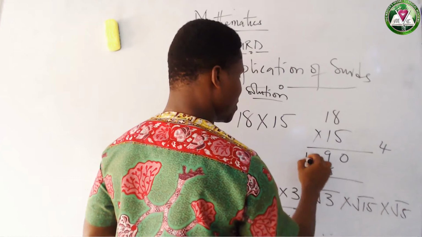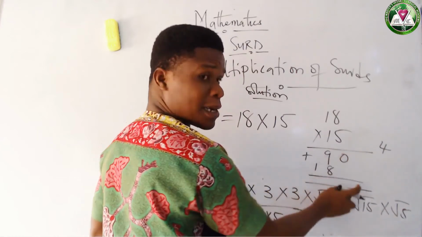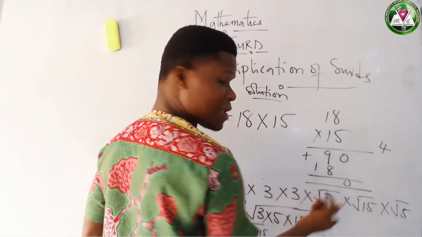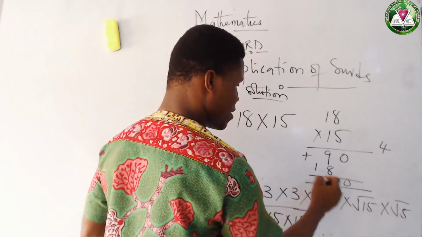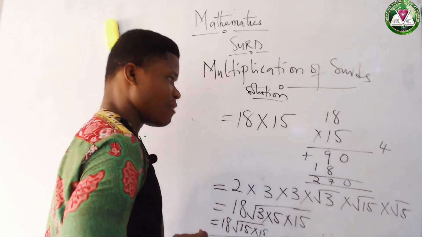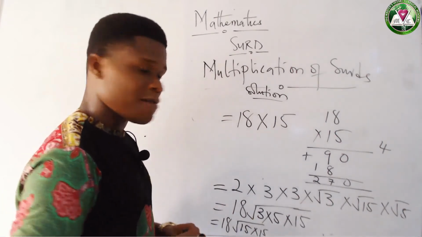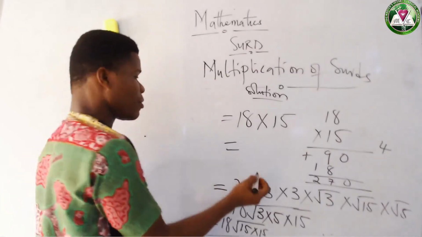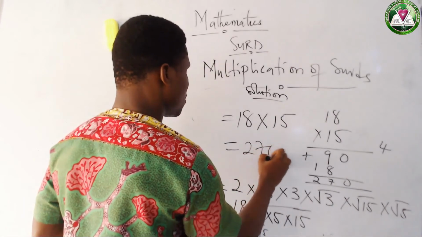So you add it together, bring down 0. 9 plus 8, 17. 7 carry 1. Put it here. This will give us 270. So which means that 18 times 15 is equal to 270.